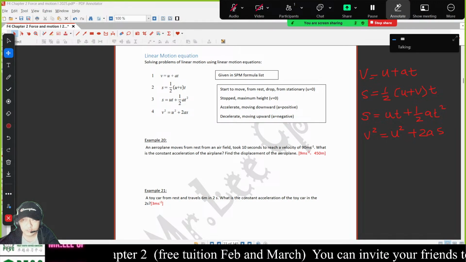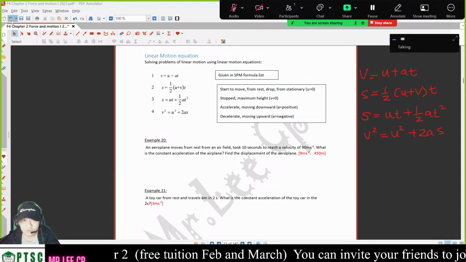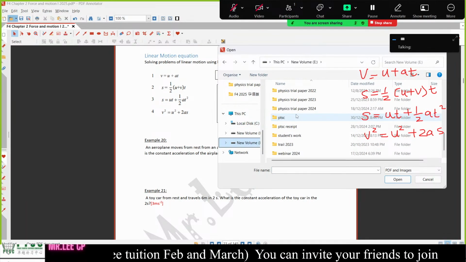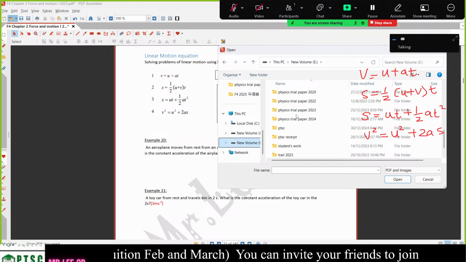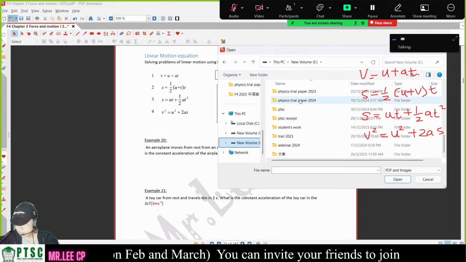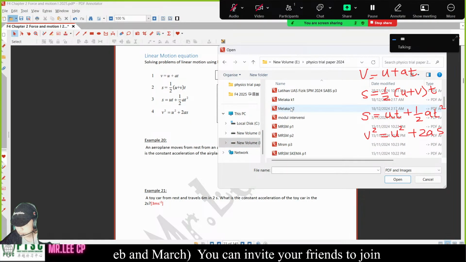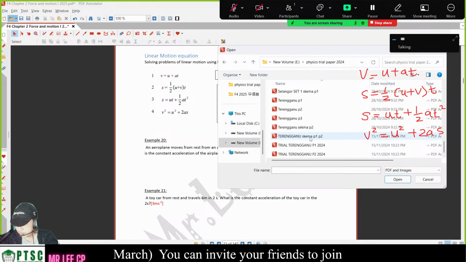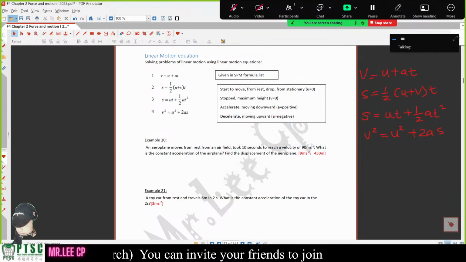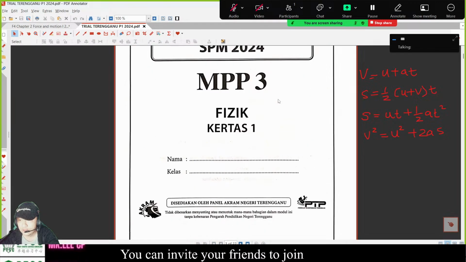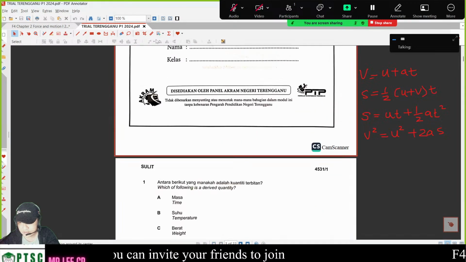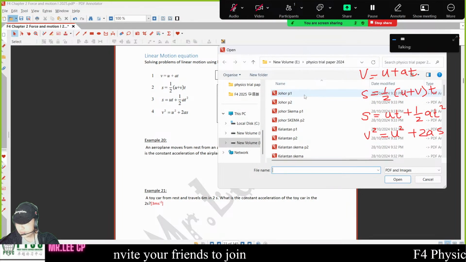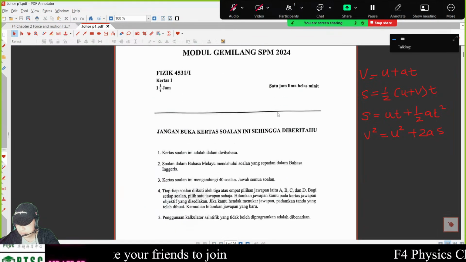Now I am going to show you the formula list, for example, in the exam. I simply choose one. The formula is not given here, I need to choose one, like the question will give one.